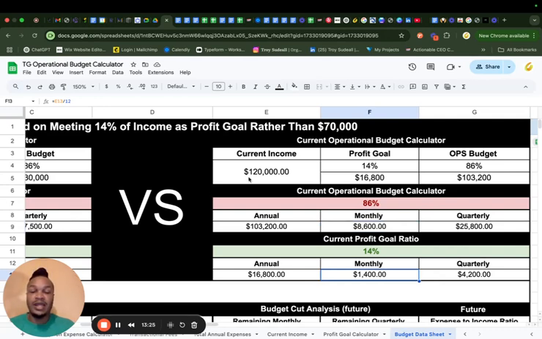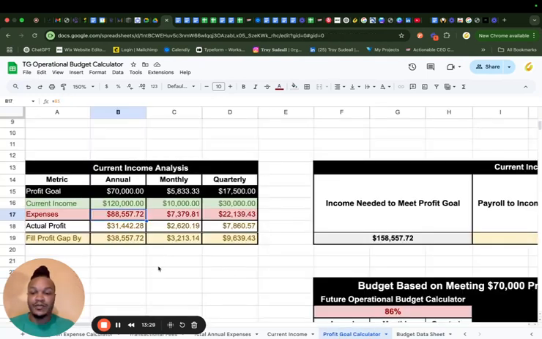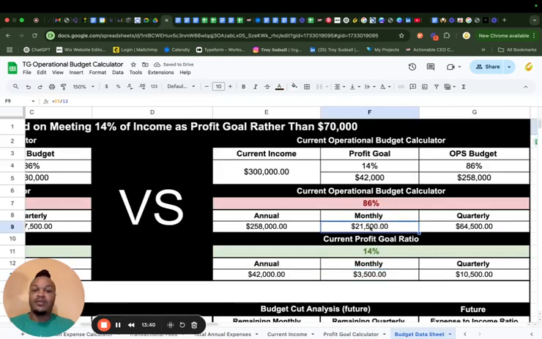Let's raise that. Let's say 300,000, right? Let's see it. Boom. Now I have a monthly budget of 21,500. And now each month I'm saving 3,500 as profit or 42,000 a year.